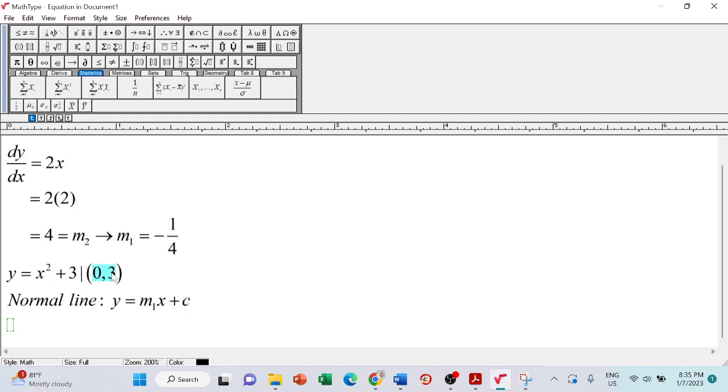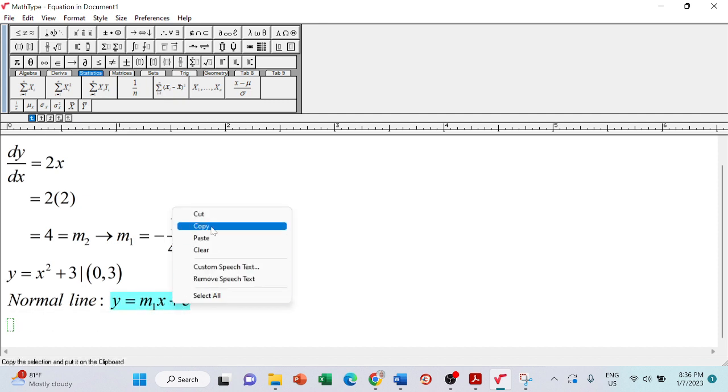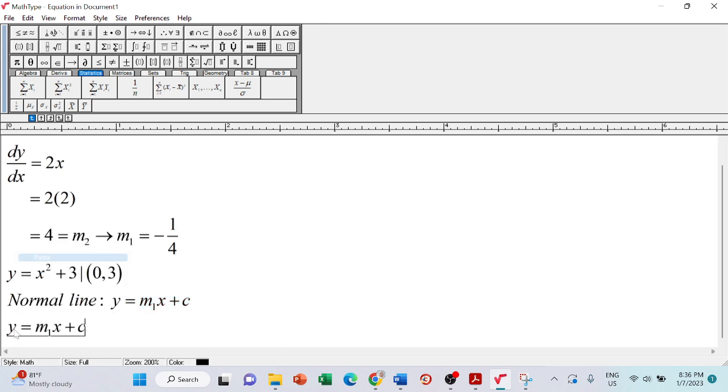Kena guna coordinate yang kita tahu. So this coordinate kita akan masuk dekat this equation. So x kosong, y 3. So normal line you akan dapat y sama dengan negatif 1/4 x.